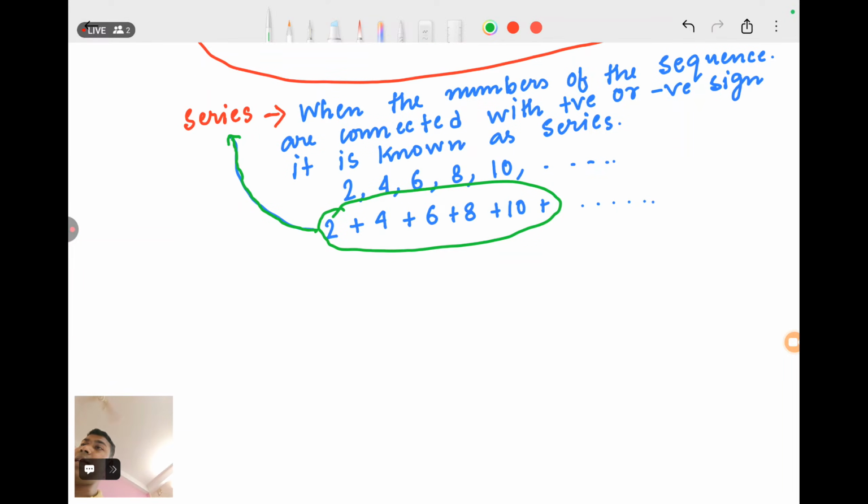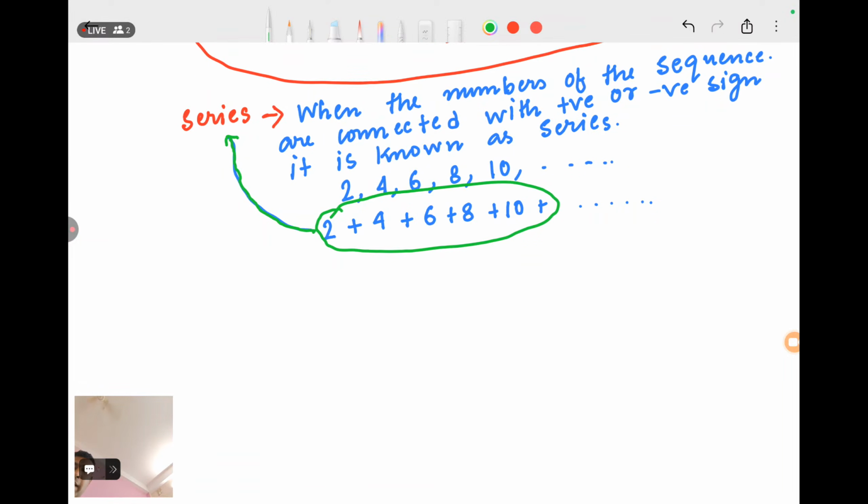I can give another example of a series: -3, -6, -9, -12, -15 and so on.